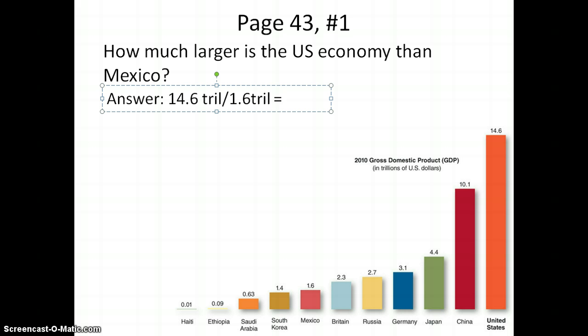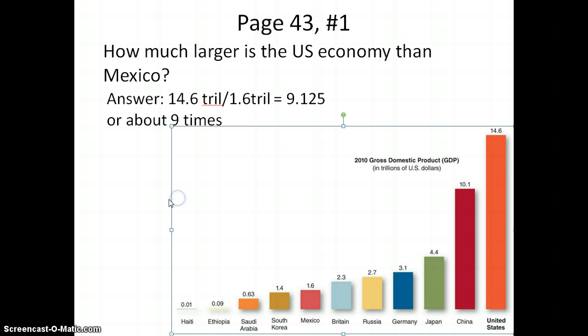So that would be 14.6 divided by 1.6, which comes to 9.125, or about 9 times. So if we were to put Mexico's bar in the United States, we could stack up 9 of those, and there'd be a little bit left of the orange at the top, but it's about 9 of them.